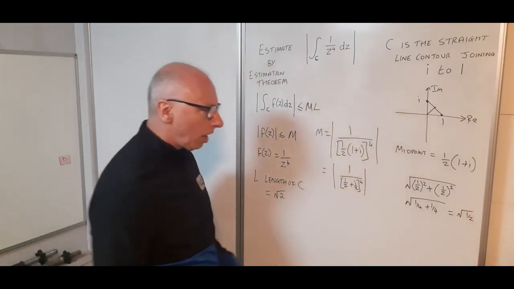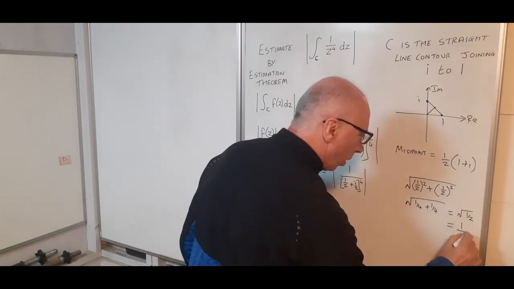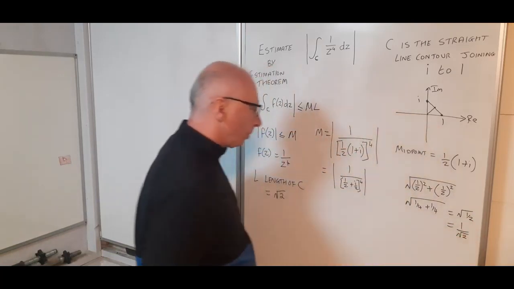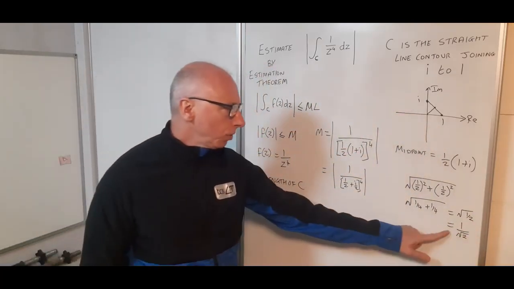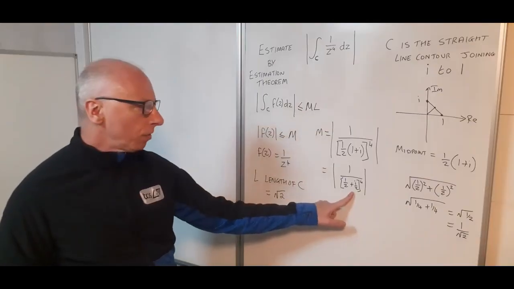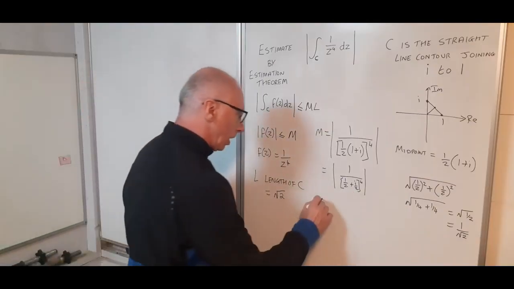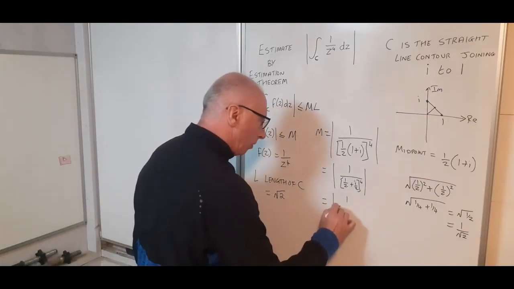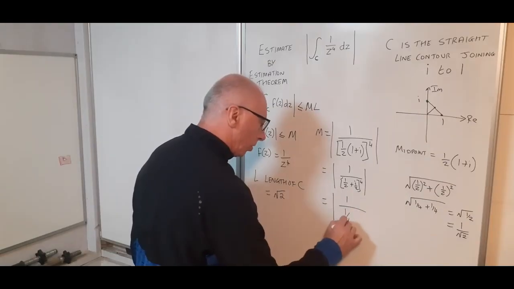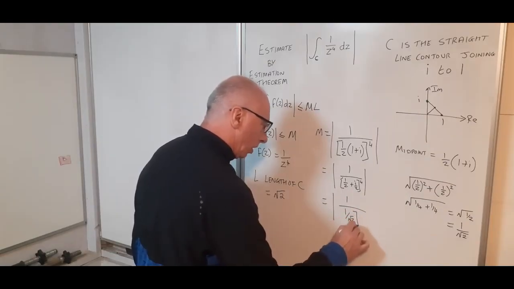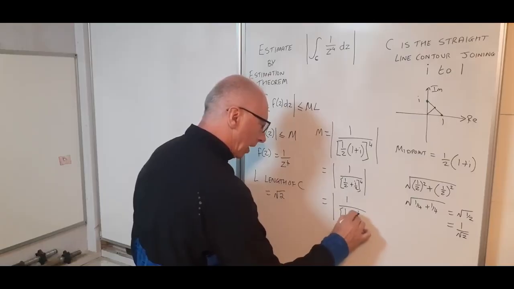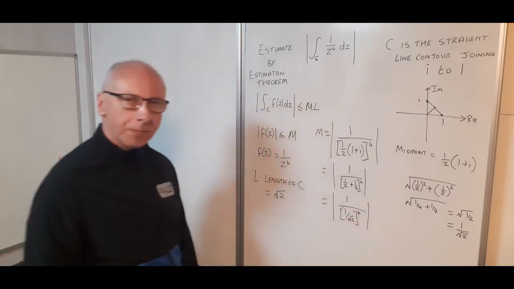The square root of a half is the same as 1 over root 2. So now I can substitute that in: 1 over, 1 over root 2, all to the power of 4.